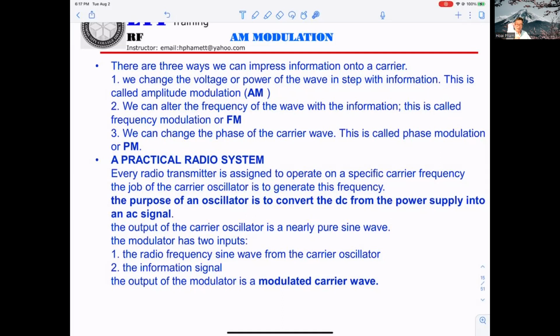That's why they call it a modulated carrier wave. If you have any question on this page, just go ahead and ask. This is very, very good to help you understand radio frequency.